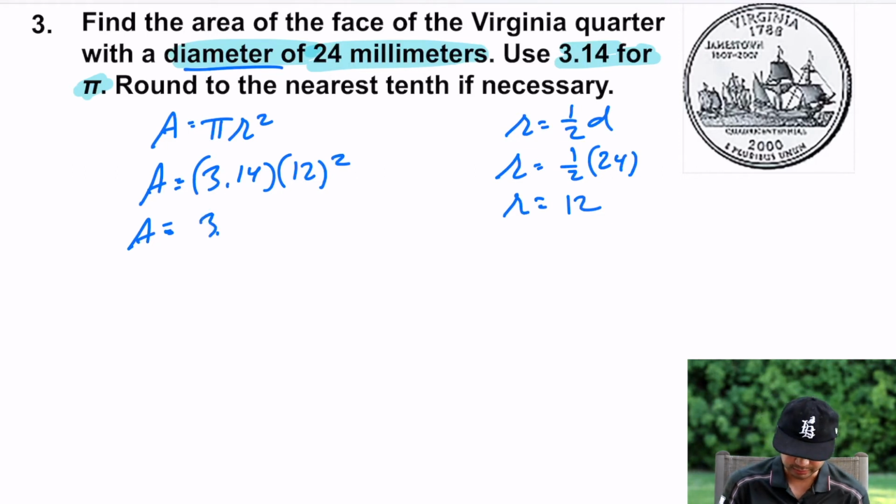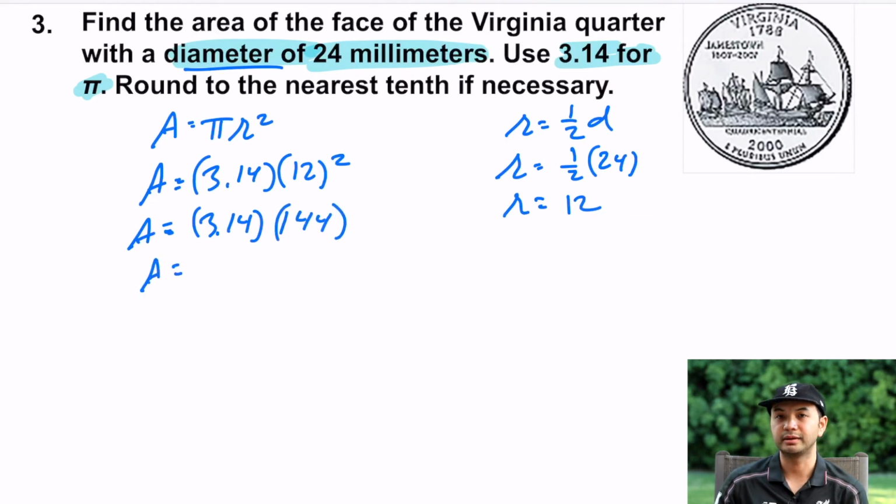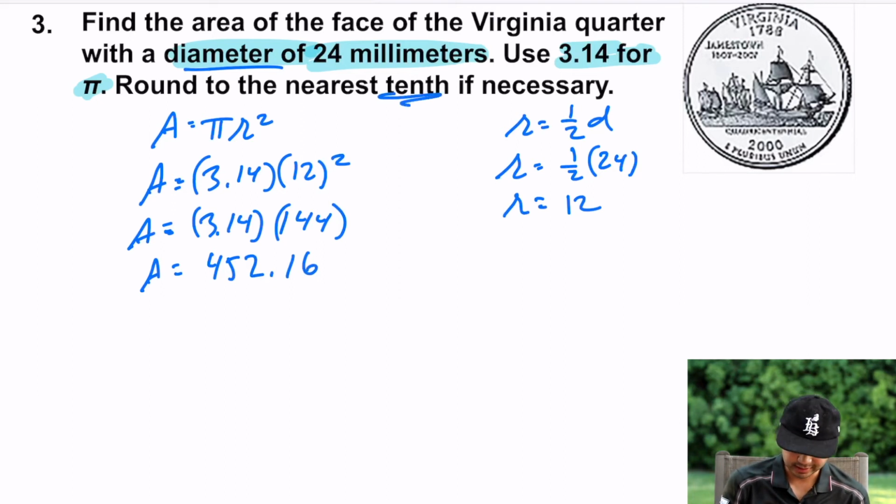So 3.14 stays the same. 12 squared is 144. And then you can multiply this out. And you get 452.16. But it says round to the nearest tenth if necessary. So I'm going to round that up to 452.2. And then this is area, and it's millimeters squared.